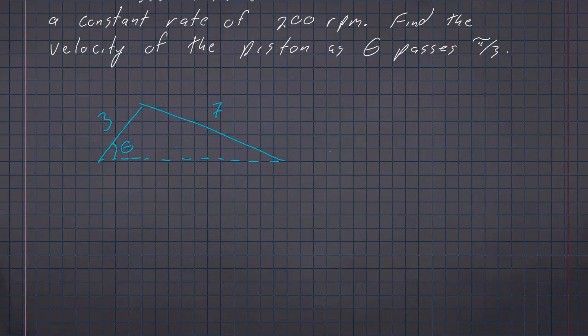And so what this problem is really asking is, if I look at the third side of this triangle, let's call it length L. What we need to know is, how fast is this length L changing?